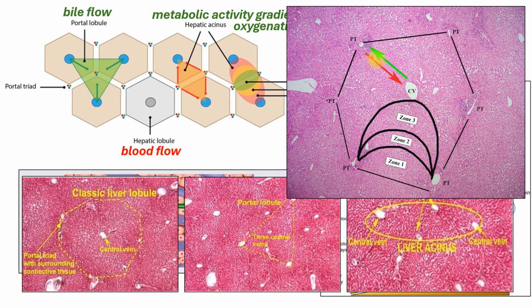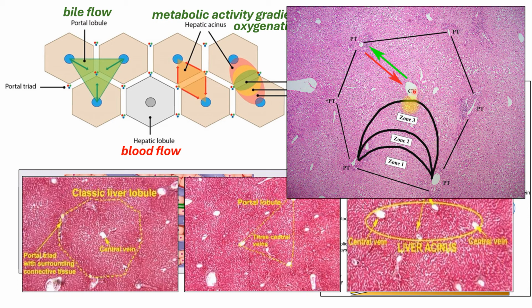Okay, then we have our hepatic acinus, which can be seen here, central vein, portal triad. Nearest the fresh oxygenated blood supply and nutrients, zone 1. Zone 2 in the middle, zone 3, least supply of nutrients.